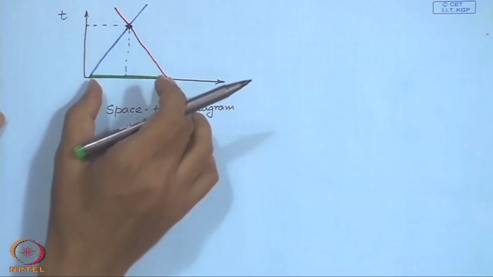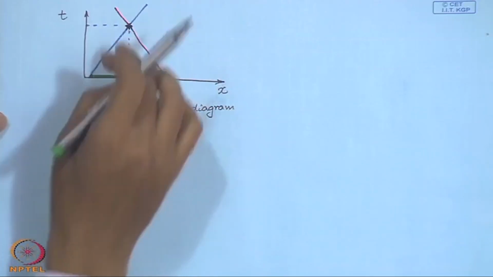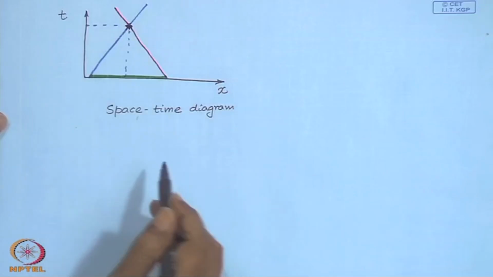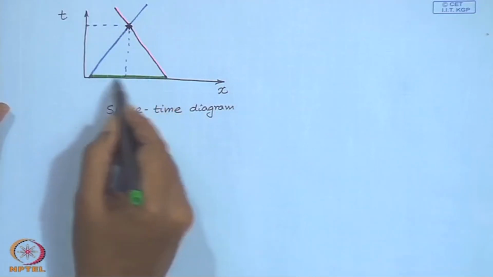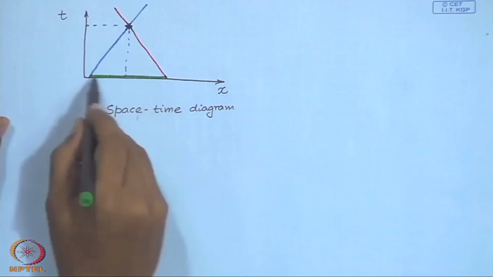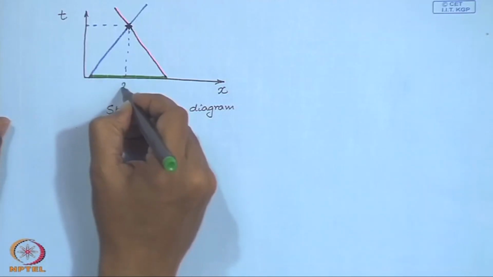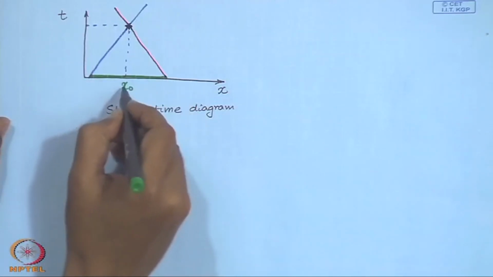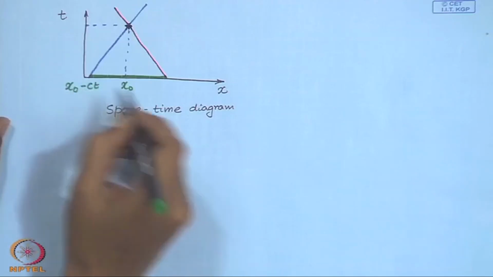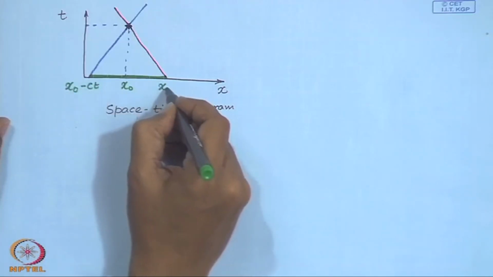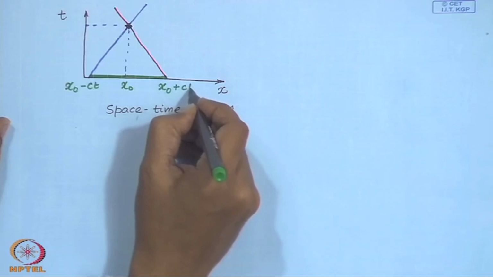So, the solution at this point in the space time diagram will depend upon the initial conditions given in this interval. So, if this is x 0, then this is x 0 minus C t to x 0 plus C t.